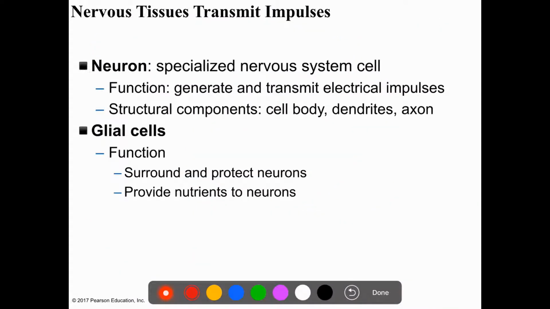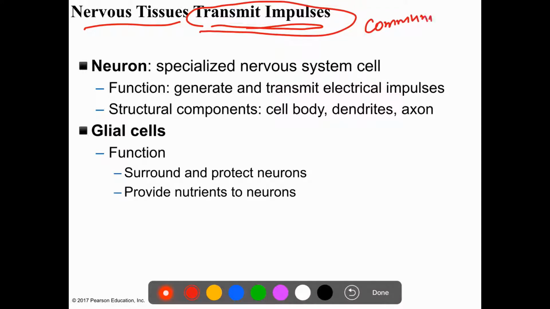The fourth group of tissues in our body is the nervous tissue. In nervous tissue, their main function is to transmit impulses. So they are specialized in communication. And here we have two types of cells.